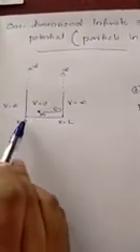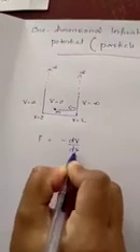Here the width of the box is L. Since there is no force between the particle and the box, the potential energy V of the particle is 0 inside the box. We know that force F is equal to minus dV by dx. Here there is no force between the particle and the walls of the box, so F equals 0.